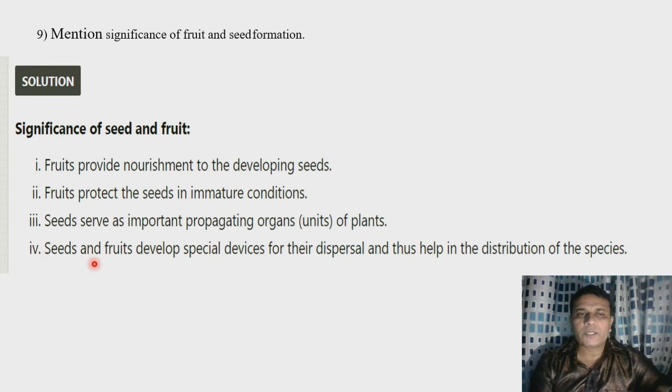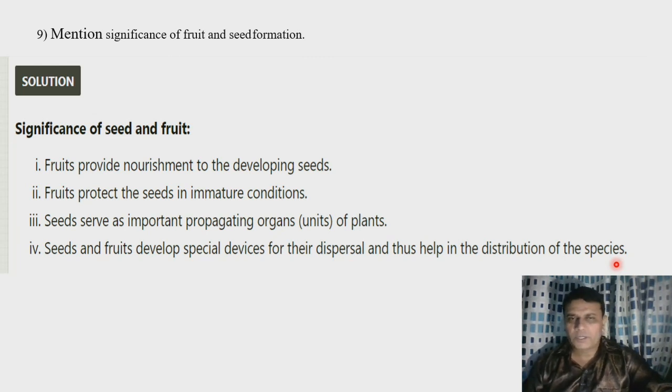Then seeds and fruits develop special devices for their dispersal and thus help in the distribution of species. Now you know that dispersal means the seeds or the fruits are transferred to different places for the distribution of species.